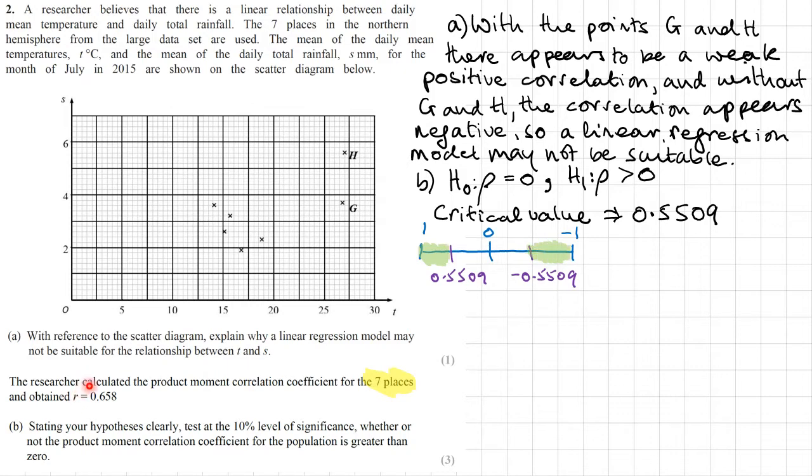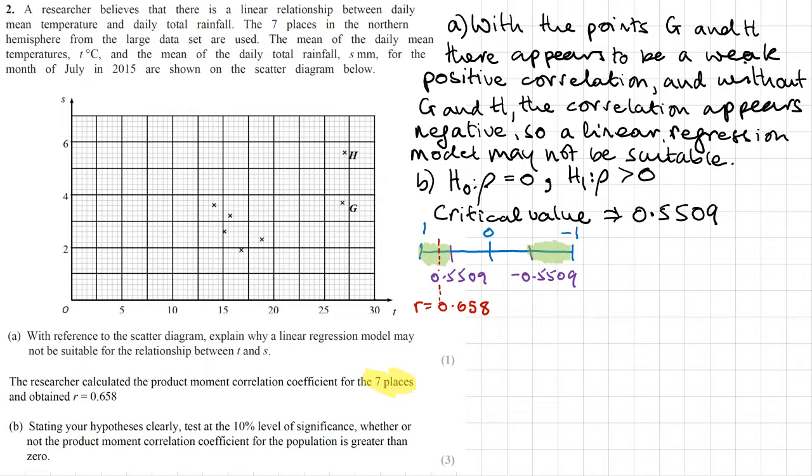I look at my value of R, 0.658, and 0.658 is going to be over here. Okay, so it's in the critical region, R equal to 0.658.